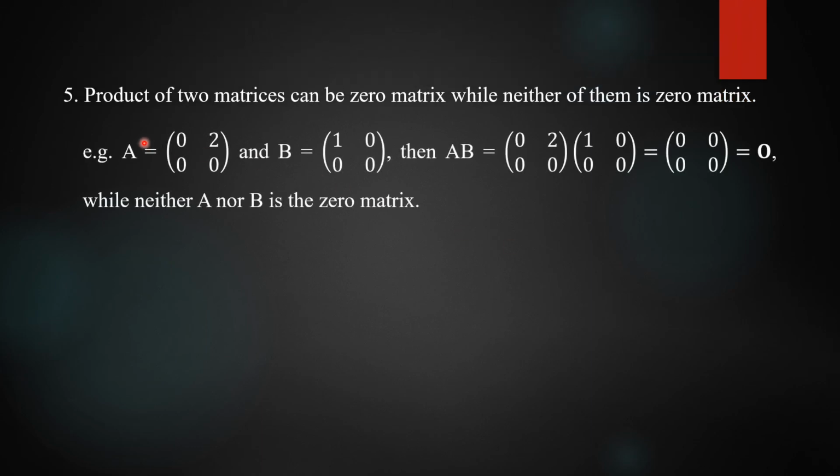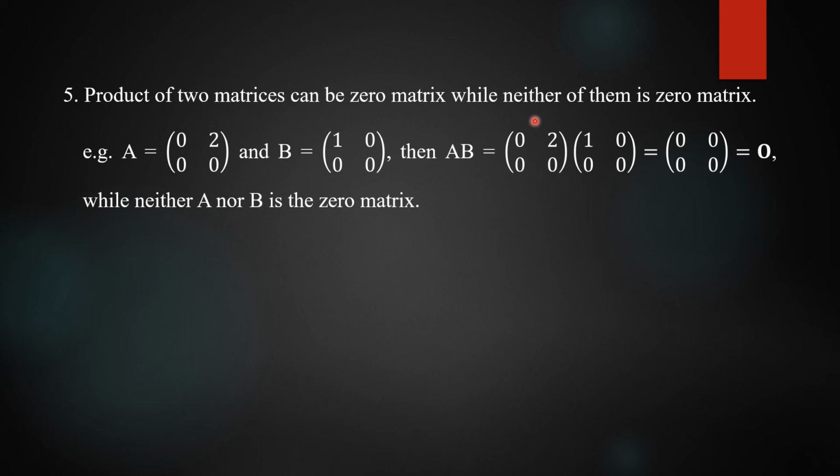You see one important thing: the product of two matrices can be 0 while neither of the matrices is 0. Think about the number system. If you take two non-zero numbers, say 3 and 5, and multiply them, every time you will get a non-zero number. Two non-zero numbers multiplying to 0 is not possible in the number system.